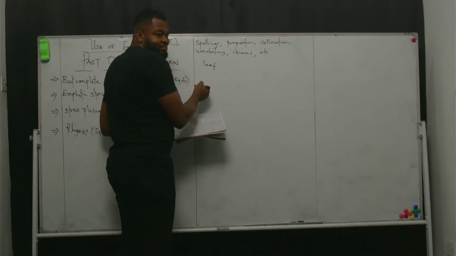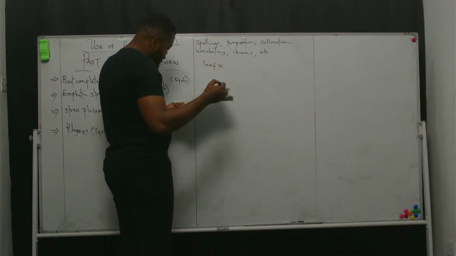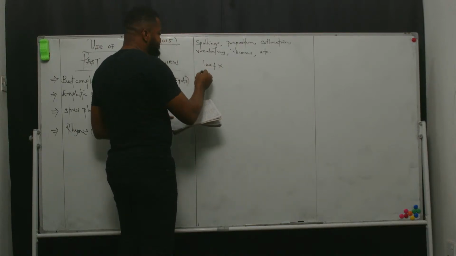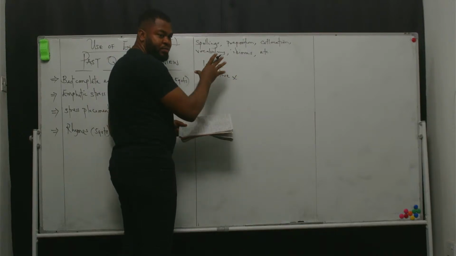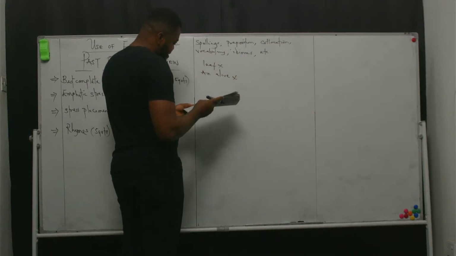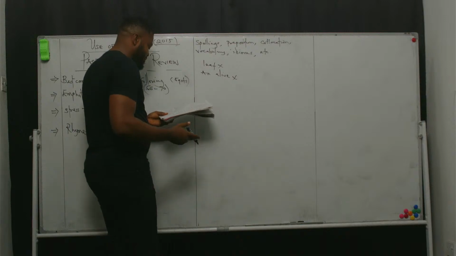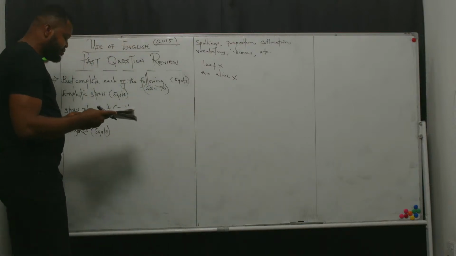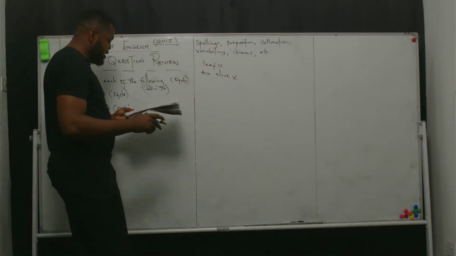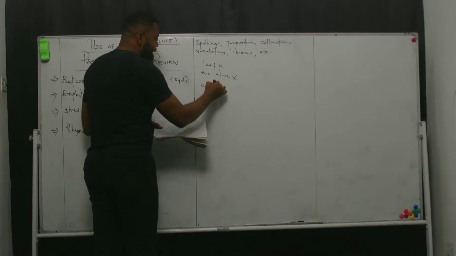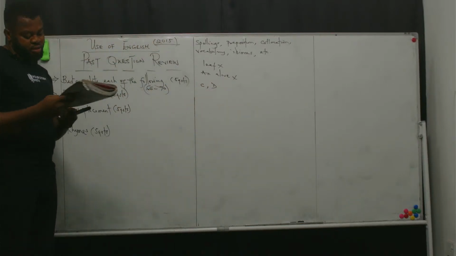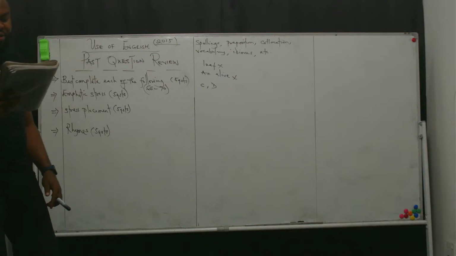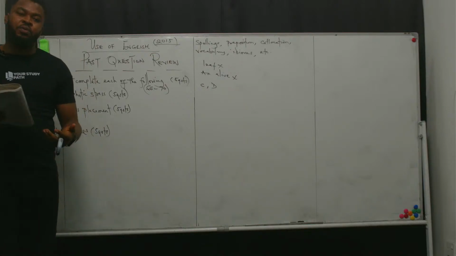And also, an alive, that's to talk about existence, which can also not be. So you have a life and a live. Now we're looking at between C and D. Between C and D, when you compare and contrast, which is your most appropriate option?